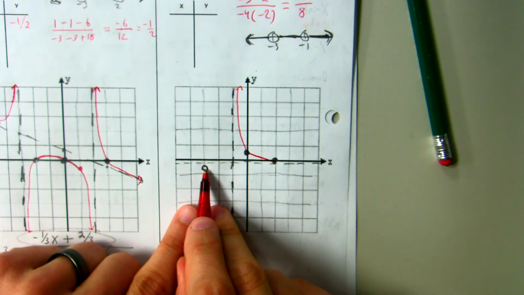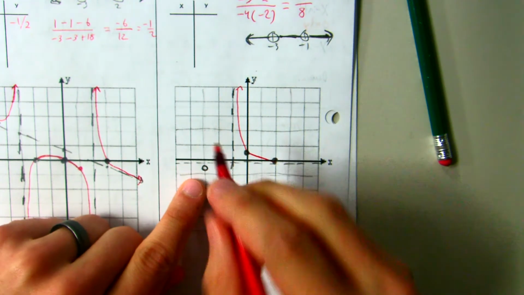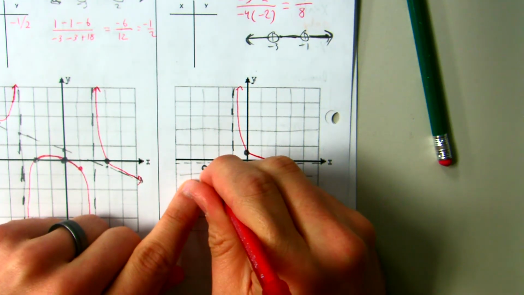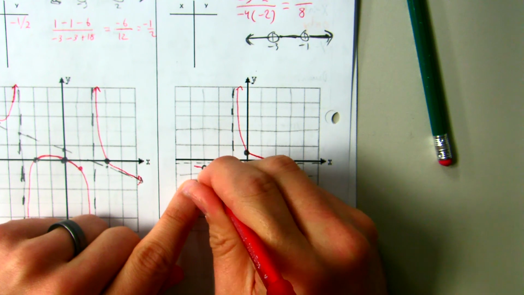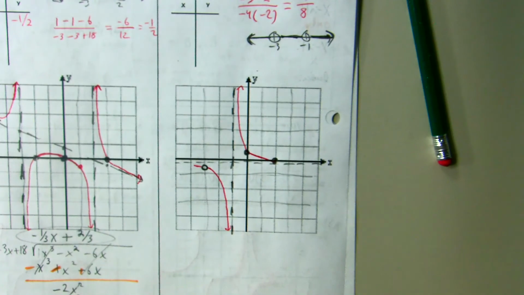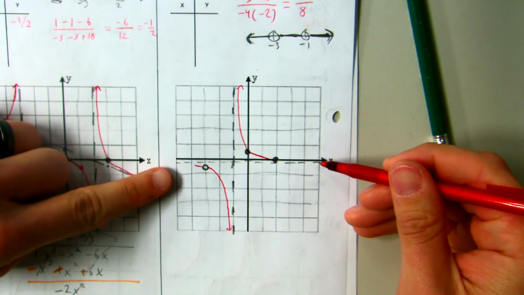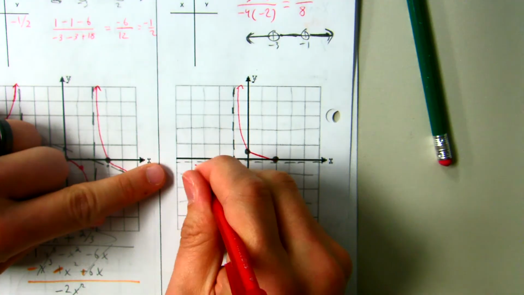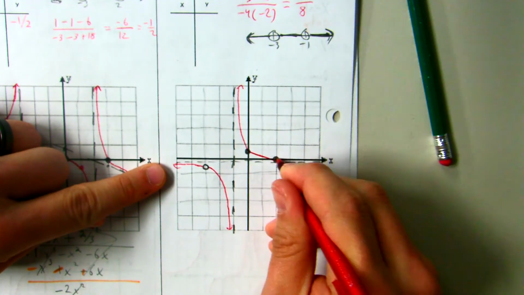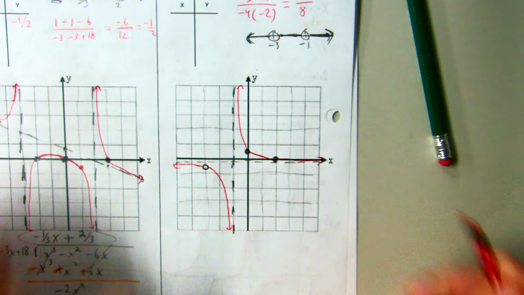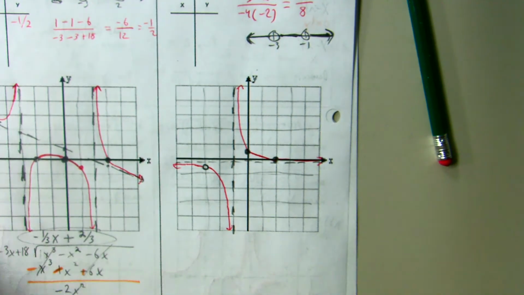And this hole, even though it doesn't seem very helpful, it will still hit all the points right before it and right after it. It just misses that one instance. And at the ends of the graph, my graph will get close to that horizontal asymptote, but not cross it. Close, but not cross it.